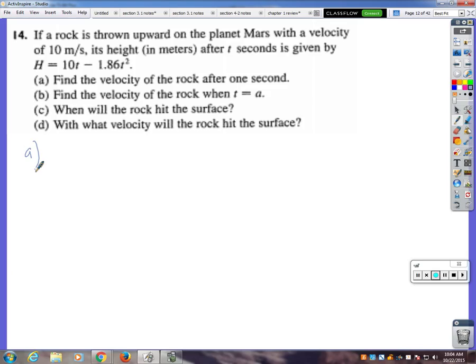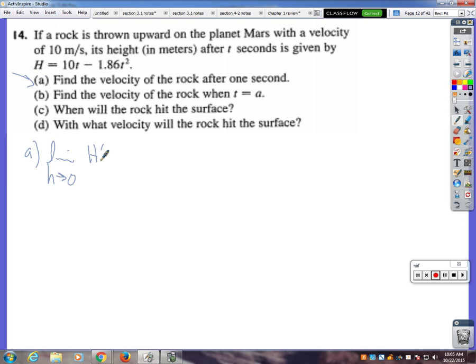I'm going to plug in 1 second. No, I'm not going to do that anymore. Yeah, I'm going to do the h. So I'm going to go the limit as h approaches 0. What do I plug in for t if I want to know the velocity after 1 second? 1 plus h.